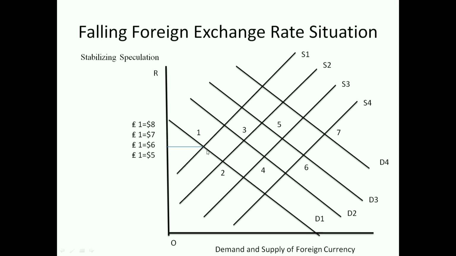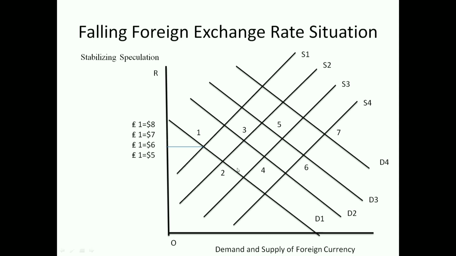We were here at 1 where we assume that euro 1 equals $6. This is a stable condition. And from this situation, we reach 2 because there is a falling exchange rate for our nation when the supply of foreign exchange is increasing, because there is an auto demand for the domestic currency, the dollar, over here. But this situation is again reaching 3, and this is giving you the same stable condition, which is euro 1 equals $6. Now, what is this situation?